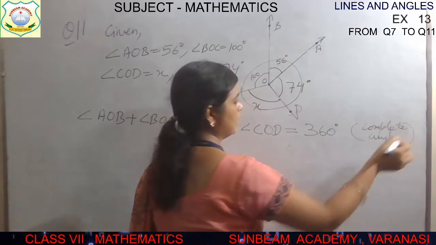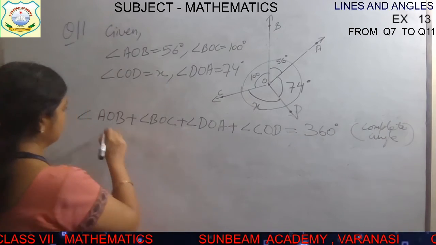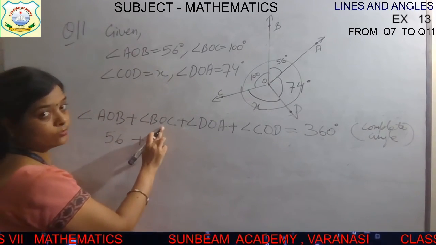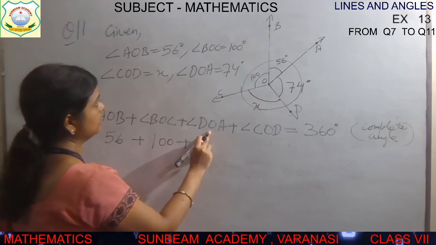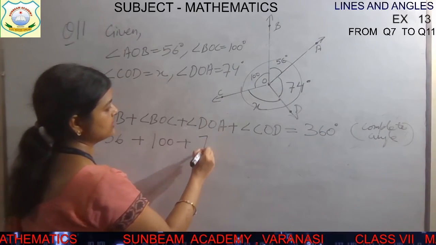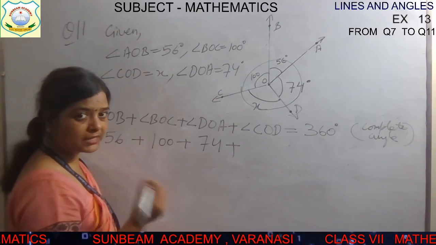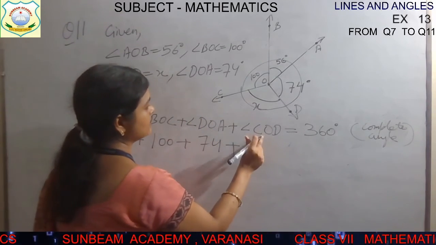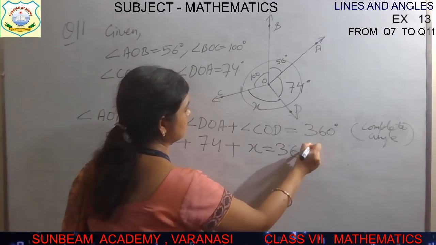Children, all the angles are making a complete angle. So AOB is 56 degree. Put the value. BOC is 100 degree. DOA, this one, first I have written this. You can write it in any way, addition is commutative, you can write plus this way or that way. COD is X, and 360 degree.